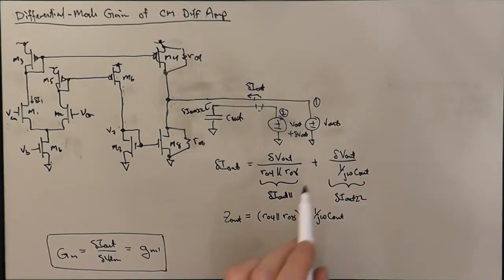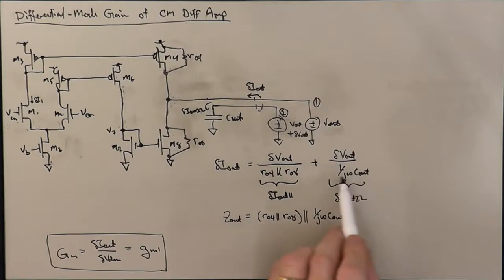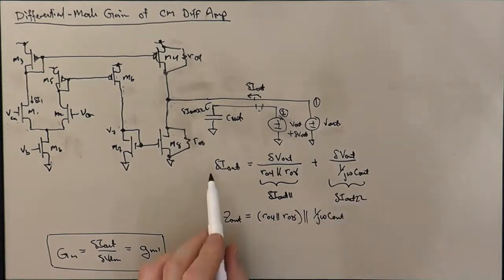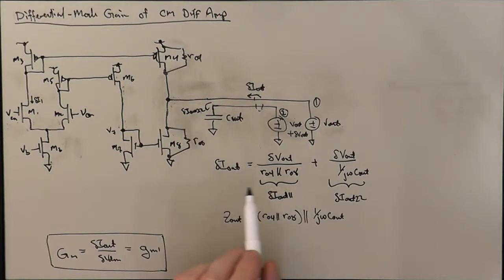Okay, so if you factor the delta V out, you get 1 over this parallel combination plus 1 over j omega C out. Move the delta I out downstairs on the right-hand side, move this 1 over this plus 1 over that down here, and we get a triple parallel combination. We can keep this grouped if we like.